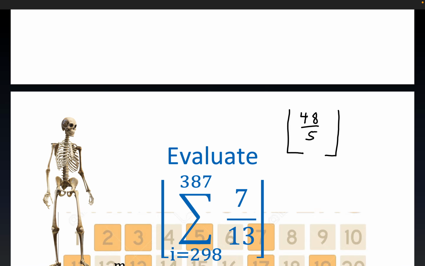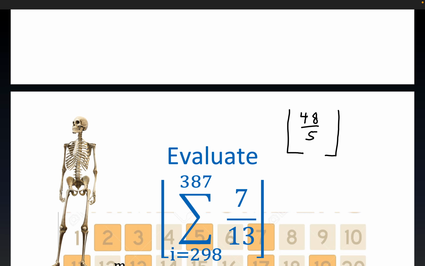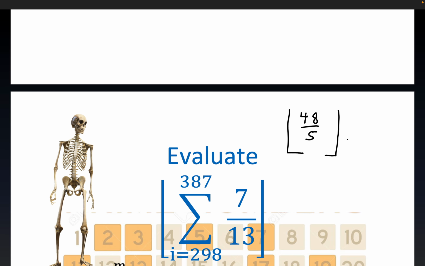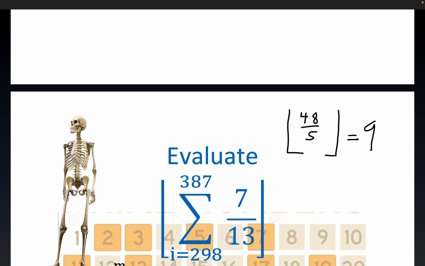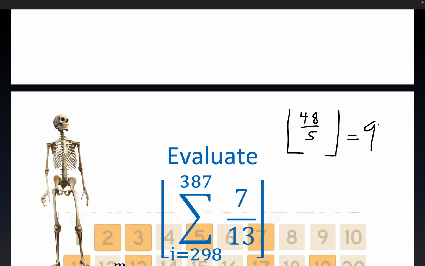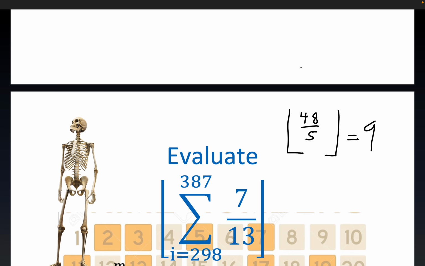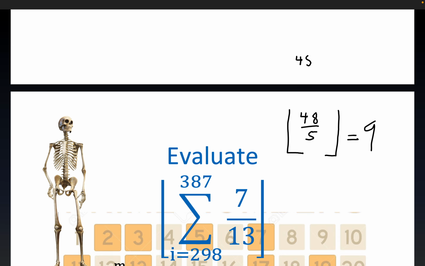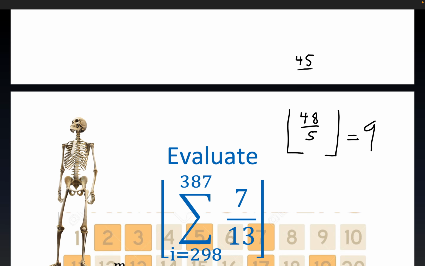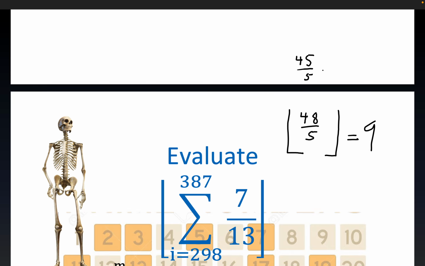So for 48 over 5, the nearest integer below would be 45 over 5, which would be 9. Now, if this was the ceiling function, this would get sent to 10. It may help to write 48 over 5 as 45 over 5, which is known to be an integer, plus 3 over 5.